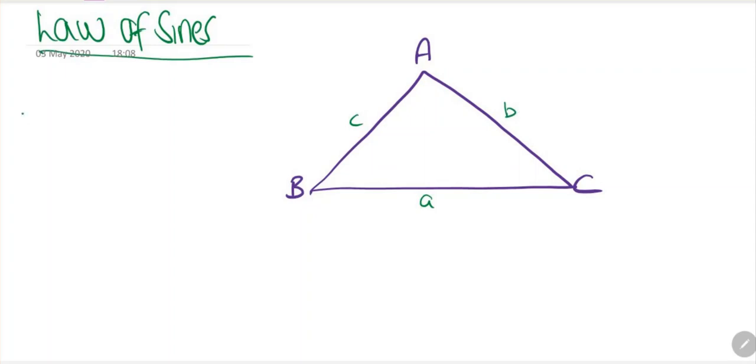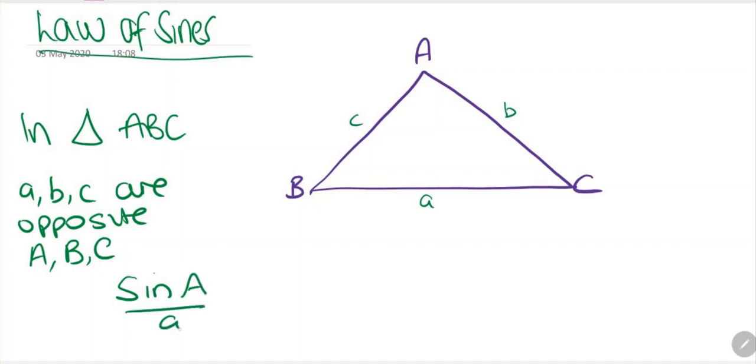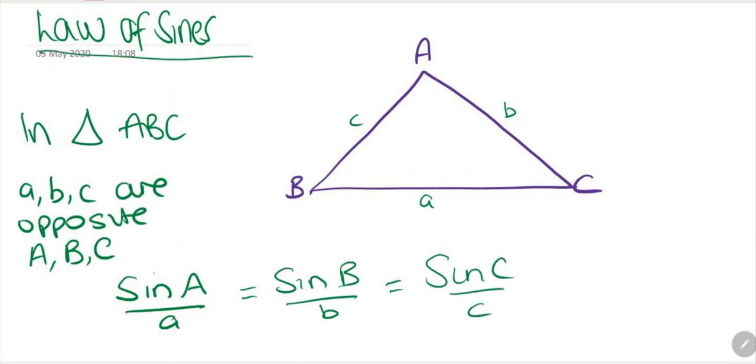Now, in a triangle ABC, we can say that little a, b, and c are opposite big A, big B, and big C. So we can use the sine of the angle A divided by the opposite side, and this is equivalent to sine of B divided by b and sine of C divided by c.